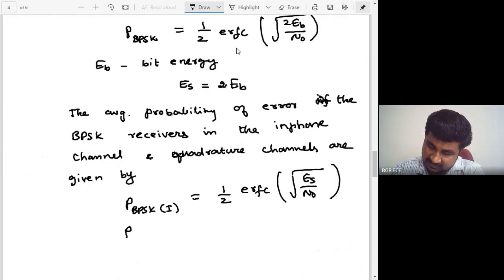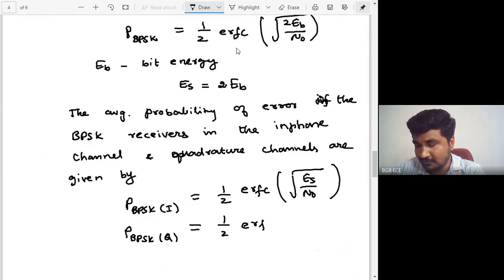Similarly, P_BPSK of Q can be written as half of the error function of square root of Es by N naught.